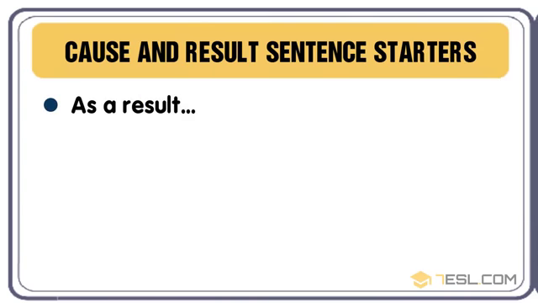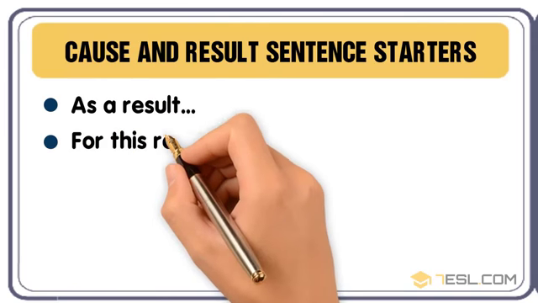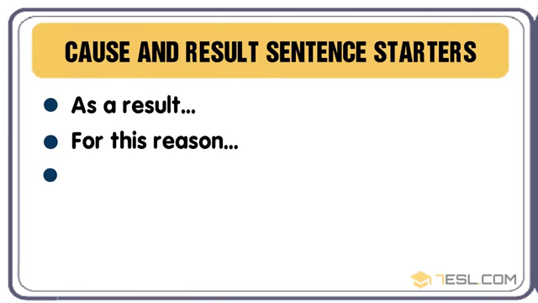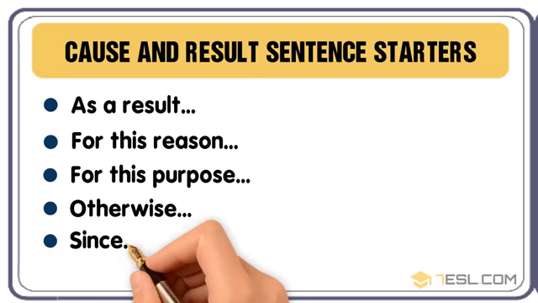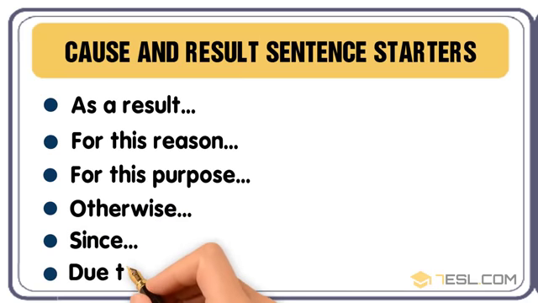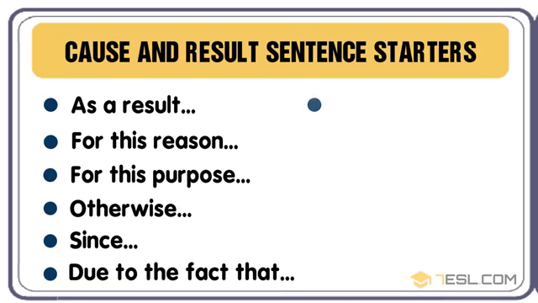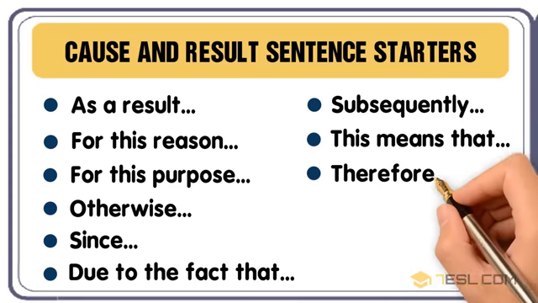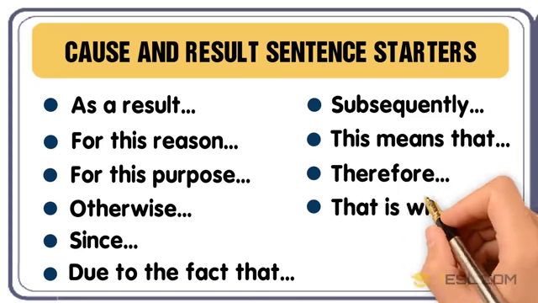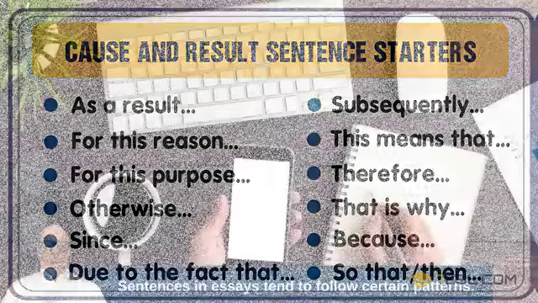As a result, for this reason, for this purpose, otherwise, since, due to the fact that, subsequently, this means that, therefore, that is why, because, so that, or so then.